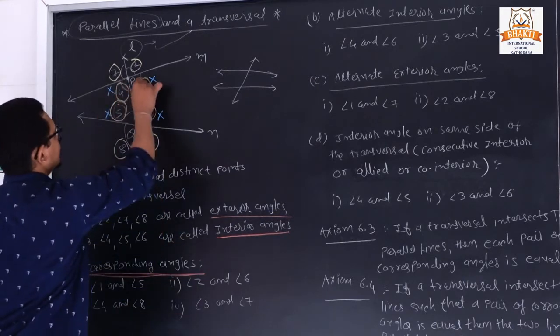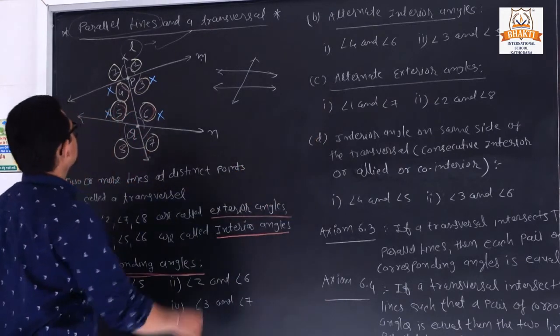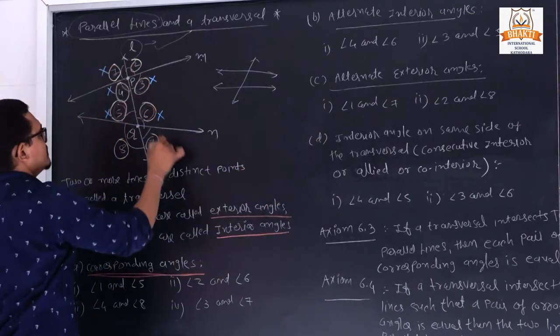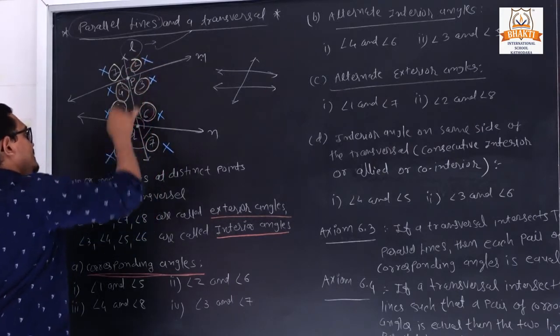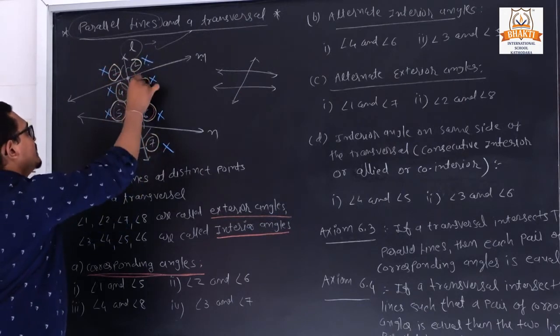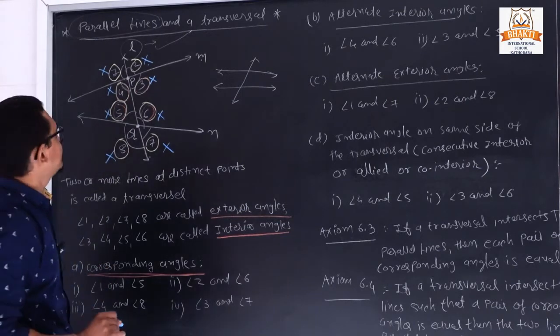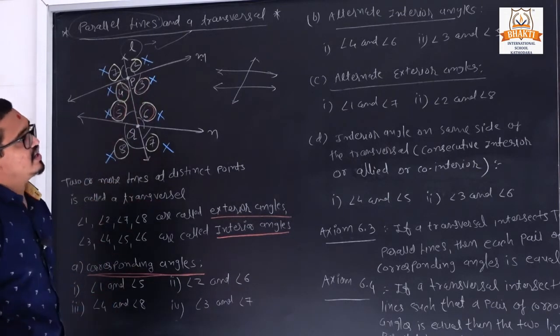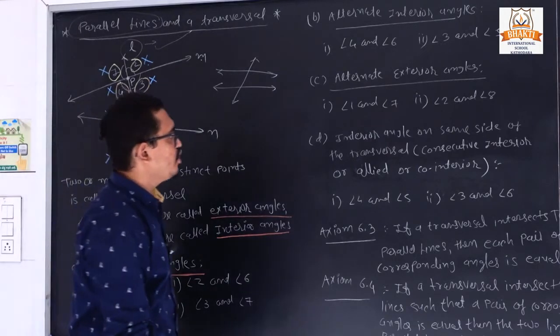So 4, 6 and 3, 5. Then alternate exterior: 1, 7 and 2, 8. So this 4 is known as alternate exterior, and this 4 is known as alternate interior angles. Now we have one more concept.